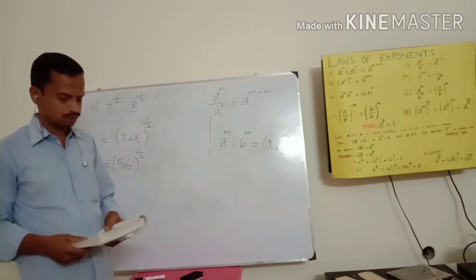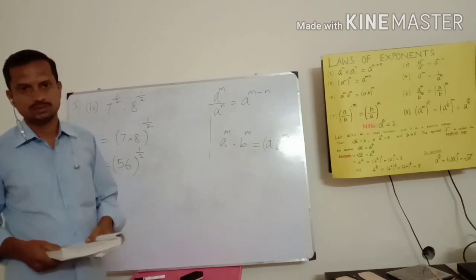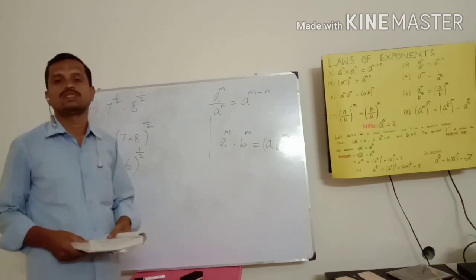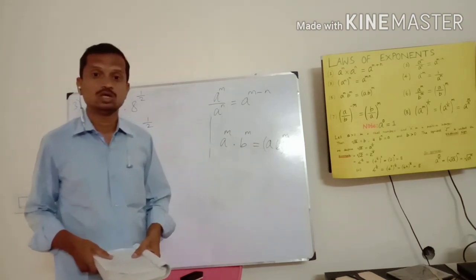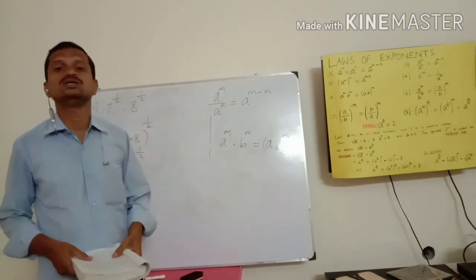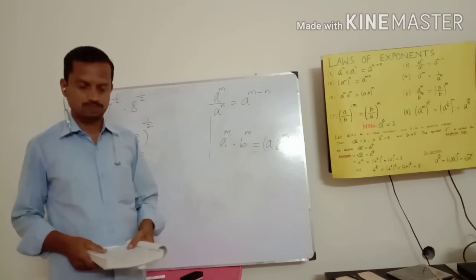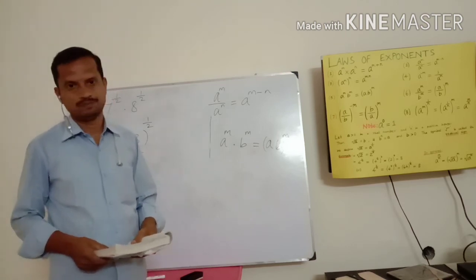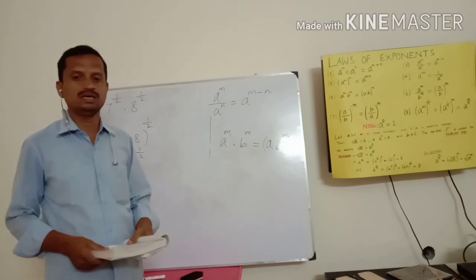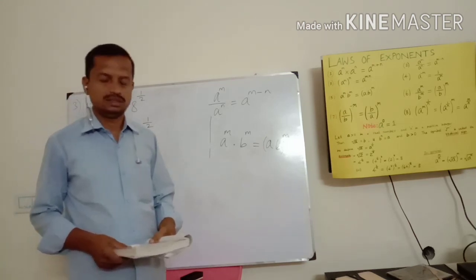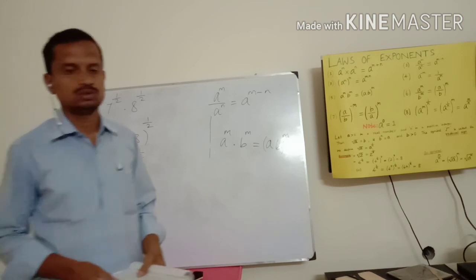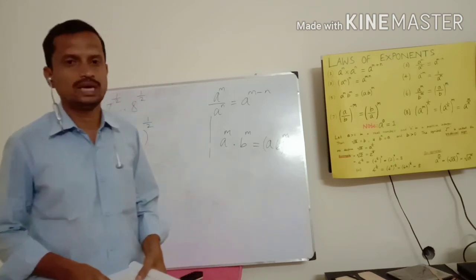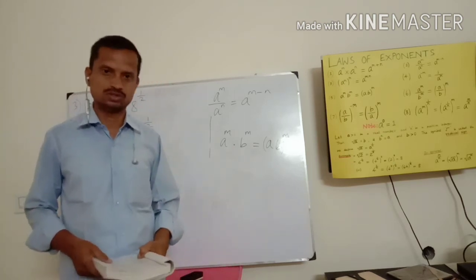So first of all, rational number, you know, a rational number is nothing but a number which can be written in the form p by q, where p and q are integers, q not equal to 0. And what is irrational? A number which cannot be written in the form p by q, those are irrational numbers. So rational and irrational together form real numbers.